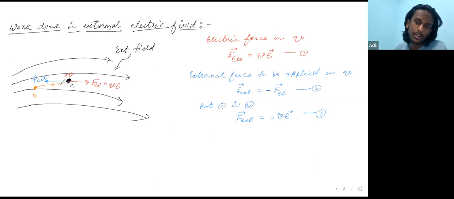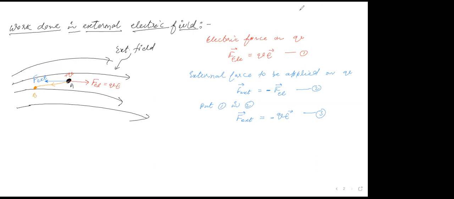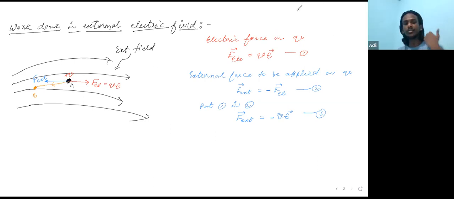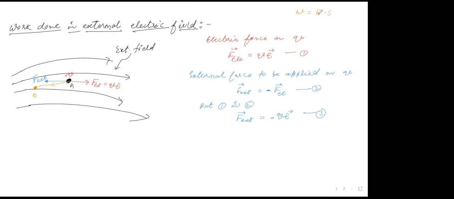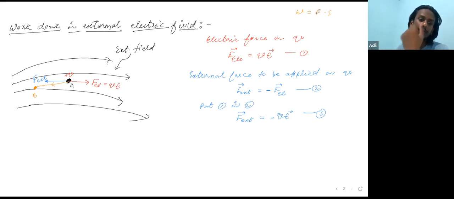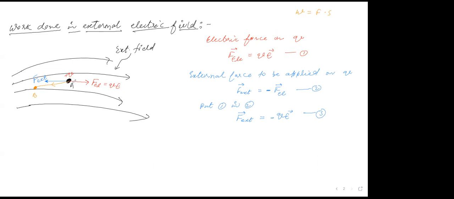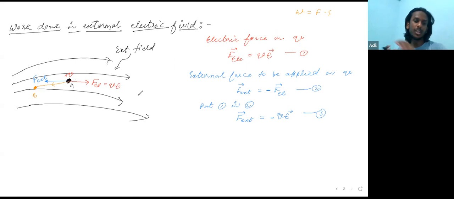Why? How can we say there is work to be done? Because the equation of work done is W is equal to F into S. If a force is applied upon a body and the body gets displaced, then we can say there is work done. In this case, the body is displaced from position A to the position B, so work has been done.